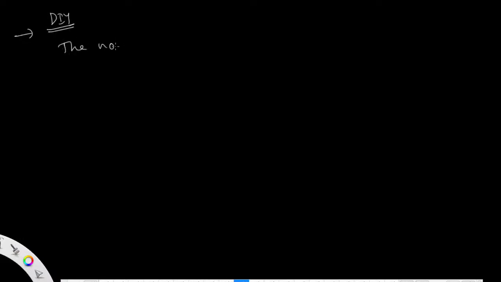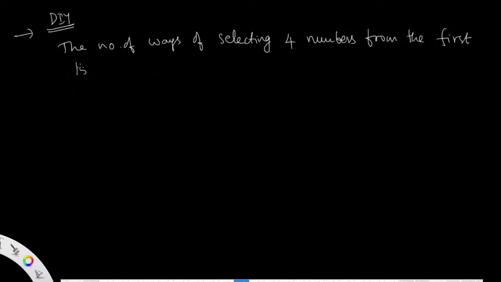The number of ways of selecting 4 numbers from the first 50 natural numbers which are in AP. This type of question is there. Okay, these are the AP problems. Next we will do the next concept.